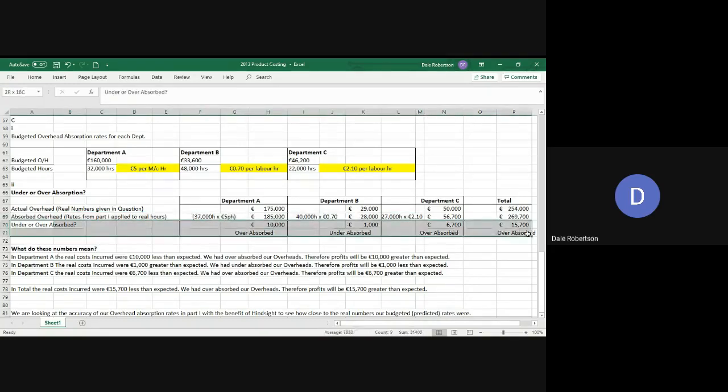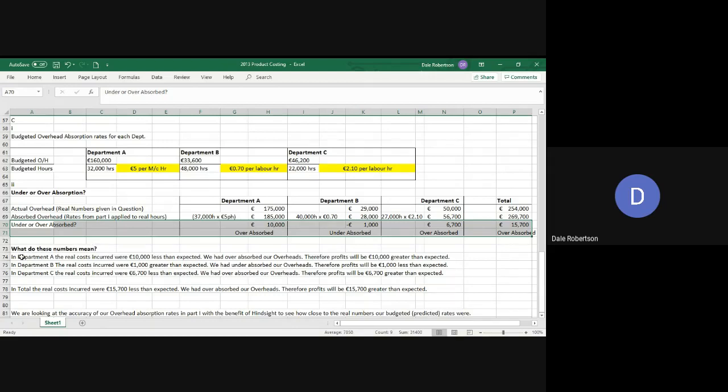So in Department A, you planned to have 185,000 overheads. In fact, you came in at 175,000. So you overplanned or overabsorbed your overheads by 10,000. Now, what does that mean?